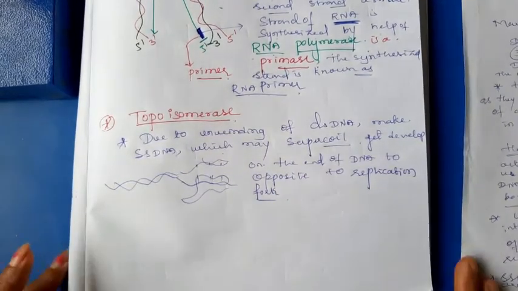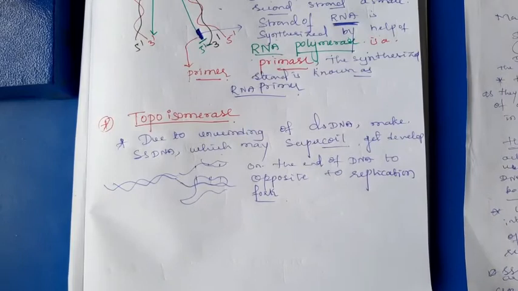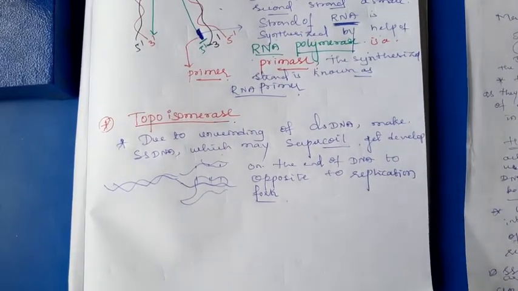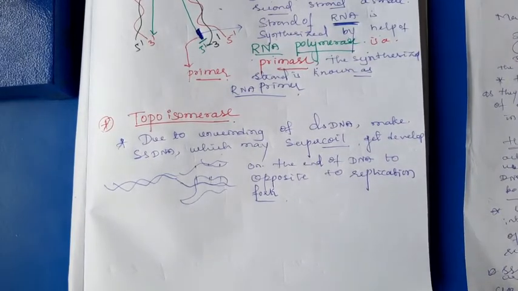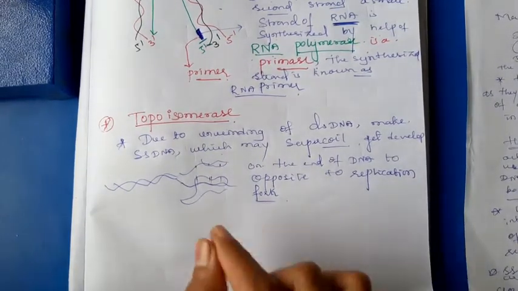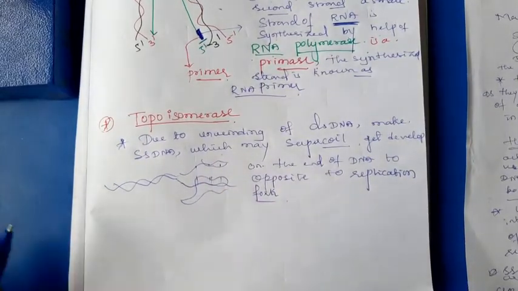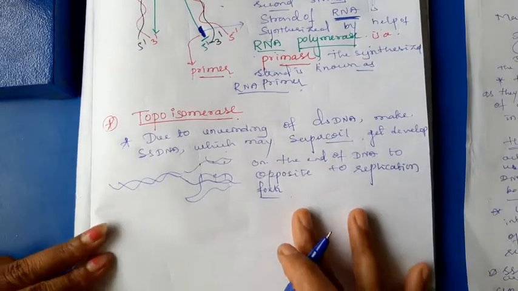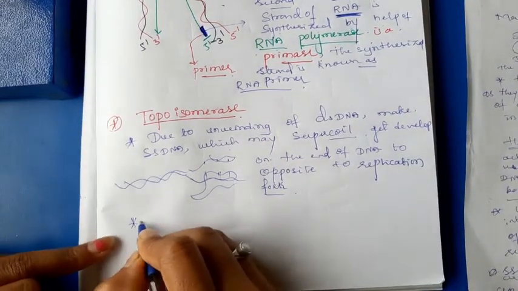We can see here that the unwinding of double stranded DNA makes single stranded DNA, and by that it may supercoil the DNA. The ends of the DNA may create supercoiling or something coiled. Due to this problem, it will stop the replication. That's why a mechanism is built for this problem.